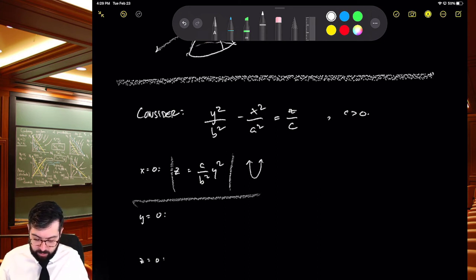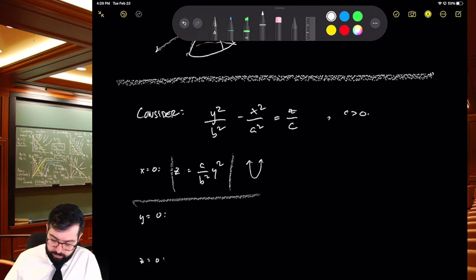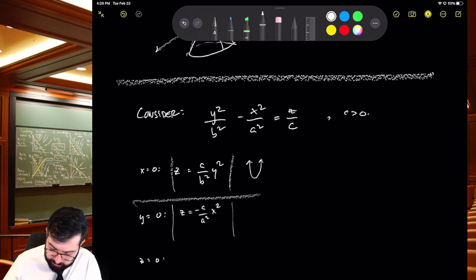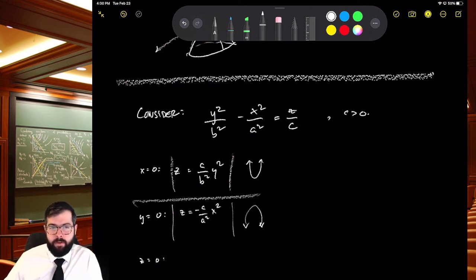If I look at y equals 0, then that tells me that I've got z equals negative c over a squared x squared, right? I've got a downward facing parabola. So x equals 0.